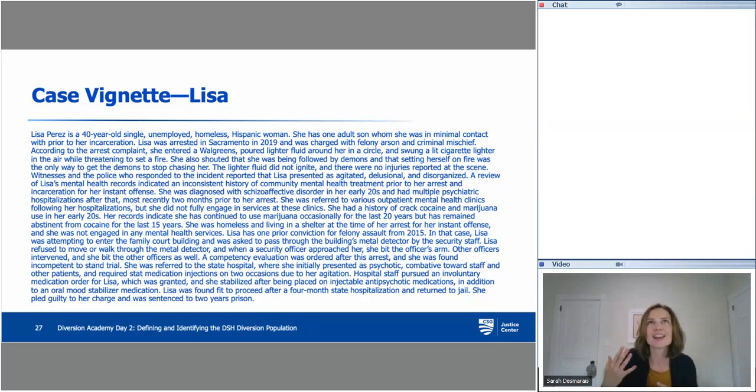I'm thinking in my head of Sean's comments about easier and more complicated cases. And this is one that is definitely going to be more complicated. The things that we would want to think about here, and I'll be interested to hear what Sean and Deb think, is the role that the mental illness is playing in combination with the substance use.